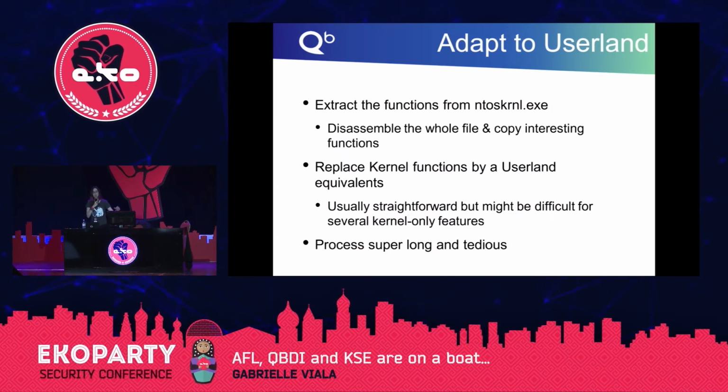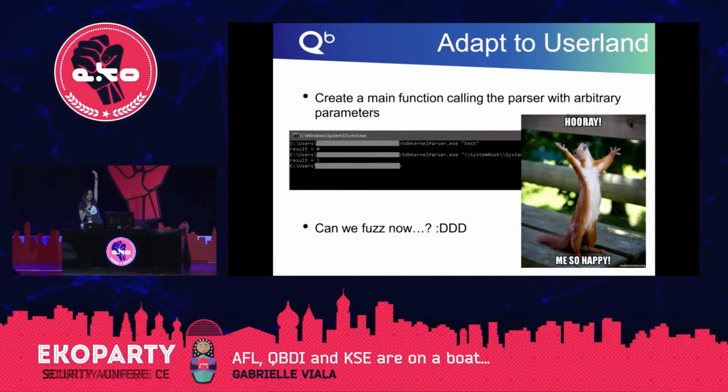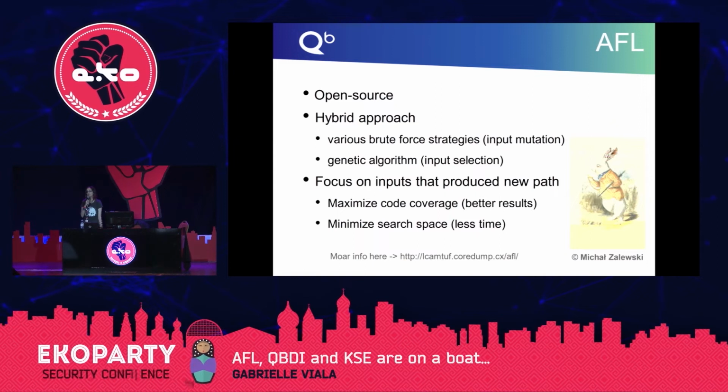The only thing was logging, so I decided to remove those functions because they weren't really in my target. Okay, so when you have that, you can create a small function to verify that your parser is still working. And hooray, it's working. I was happy. And I wanted to fuzz it.